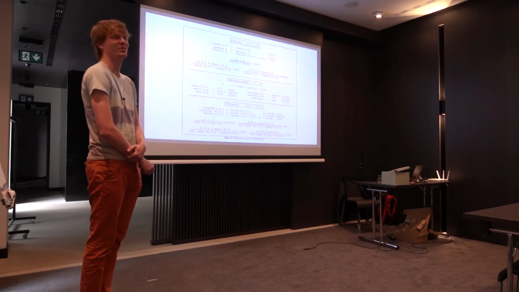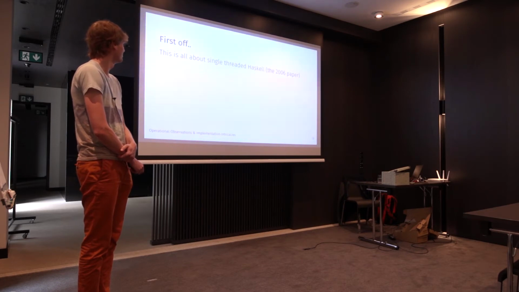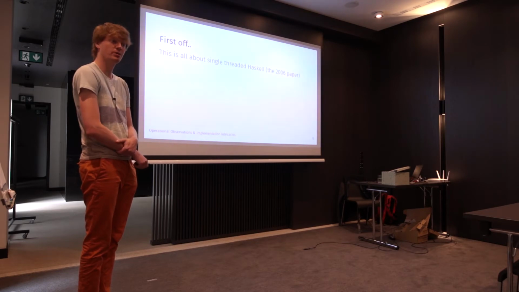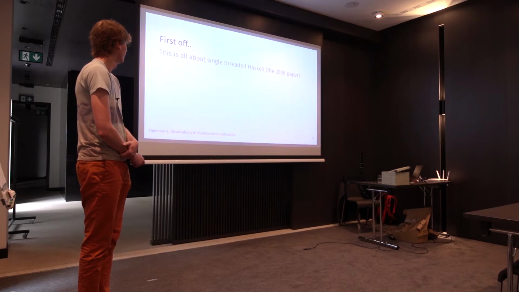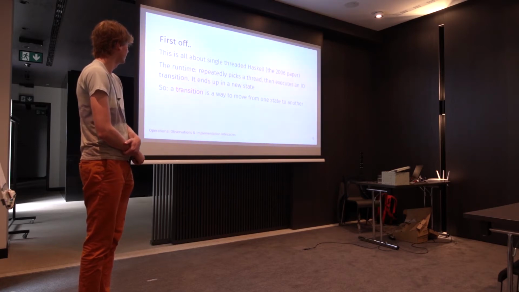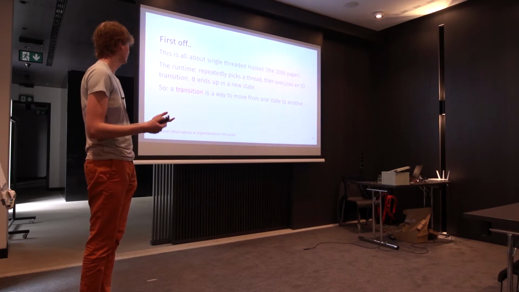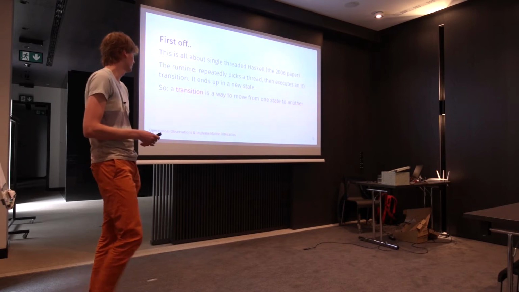So let's see what's going on a bit further. As another preface, this is from the paper, and that's about single-threaded Haskell. Here, the runtime repeatedly picks a thread, executes an I/O transition, and the program ends up in a new state.